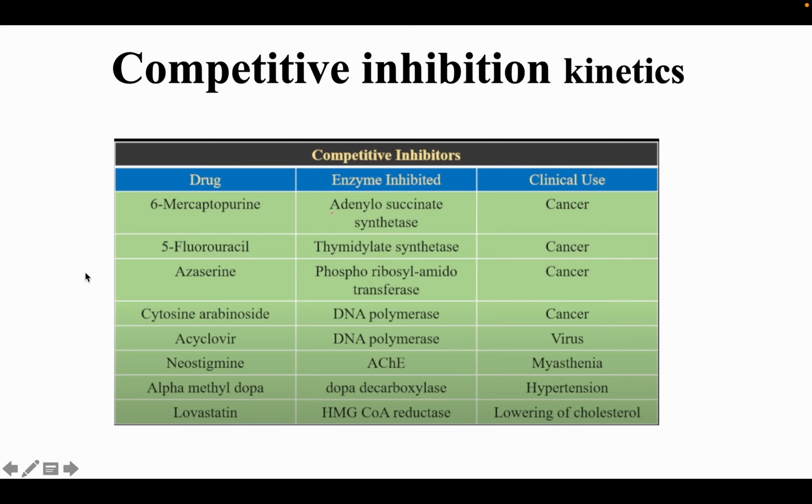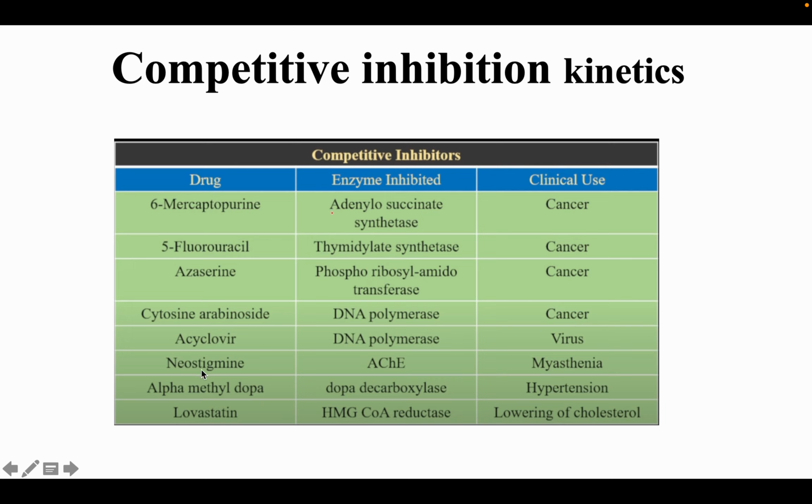All these are derivatives of purines and pyrimidines, and they are used to inhibit DNA synthesis or different enzymes involved in the synthesis of purines and pyrimidines, like 5-fluorouracil, which we studied. It inhibits thymidylate synthetase. So these all inhibit the DNA synthesis process, and thus rapidly dividing cancer cells, and hence they are used for cancer treatment.